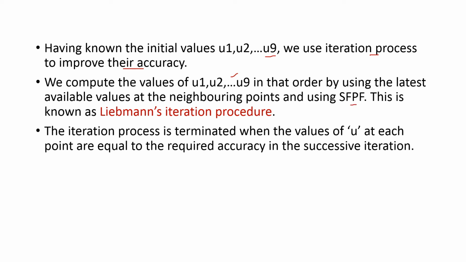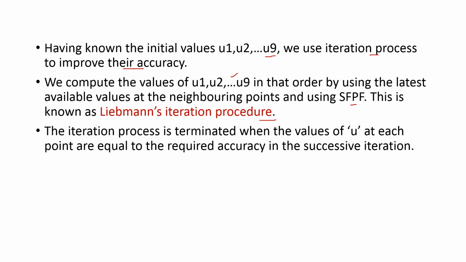This is known as Liebmann's iteration procedure. While calculating, as you go on getting the values for U1 to U9, substitute the latest value into the following ones. That is how the iteration process is done.